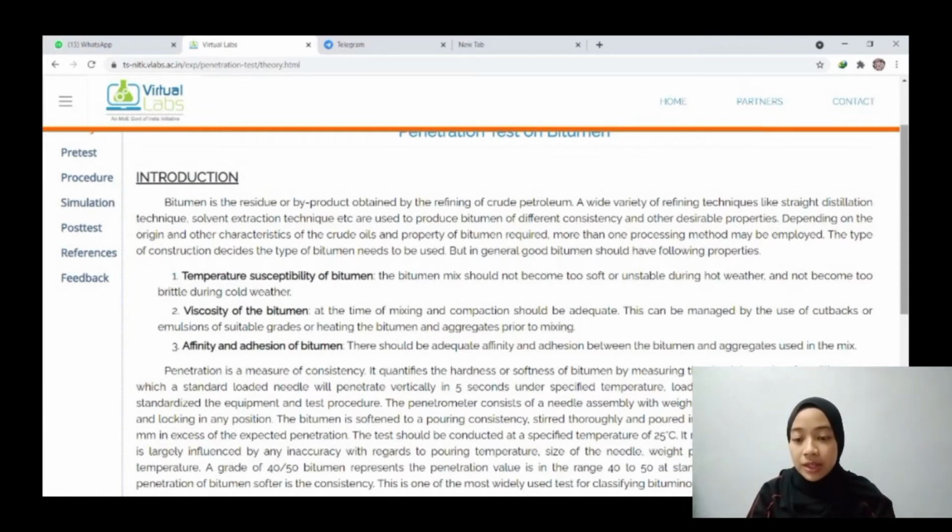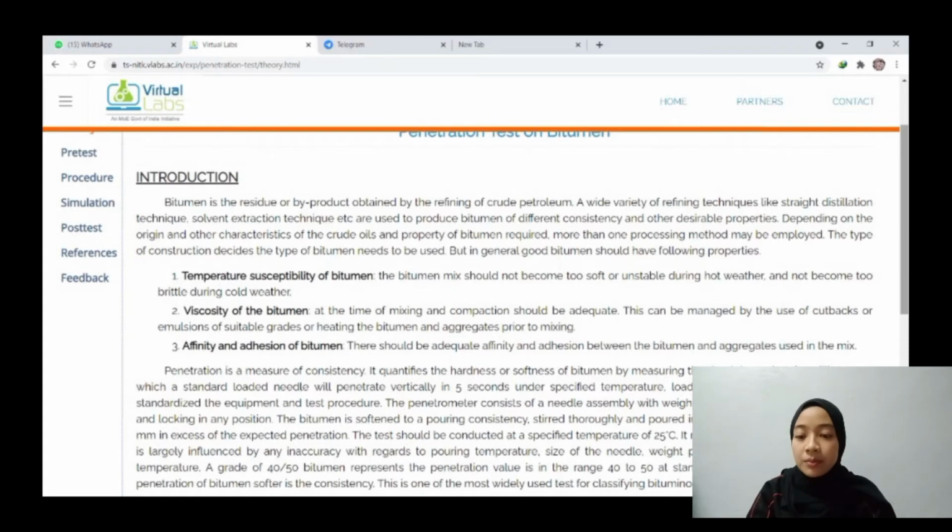The penetrometer consists of a needle assembly with a weight of 100 grams and a device for releasing and locking in any position. The bitumen is softened to a pouring consistency, stirred thoroughly and poured into containers at a depth at least 15 mm in excess of the expected penetration.